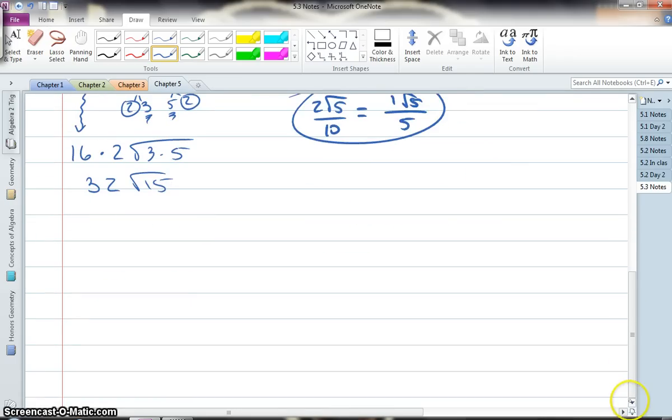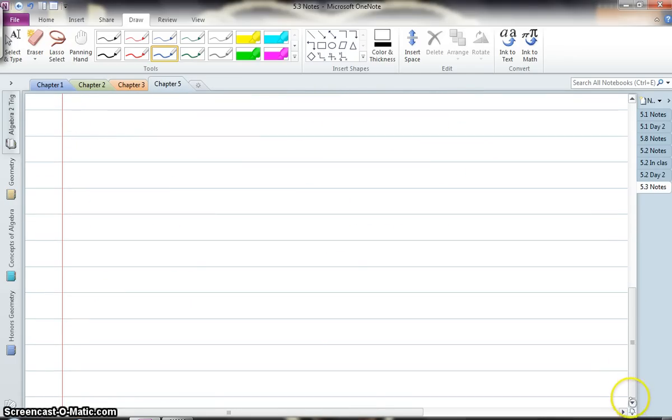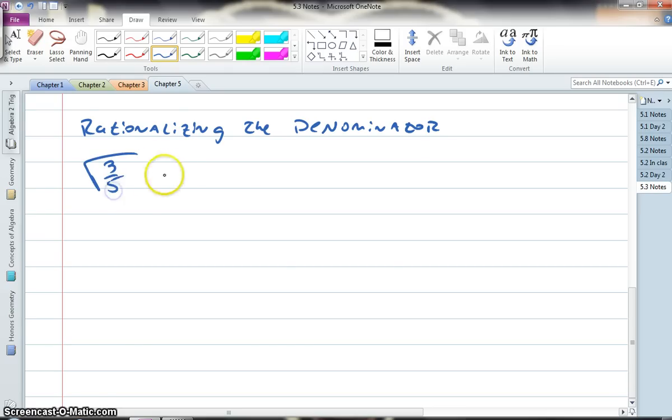Alright, and the last skill before we get into the real work is rationalizing the denominator. And I spelled it wrong because I was too worried about saying it all funny. Rationalizing the denominator. Now, that's if you have something, for instance, like this, and we split it up.